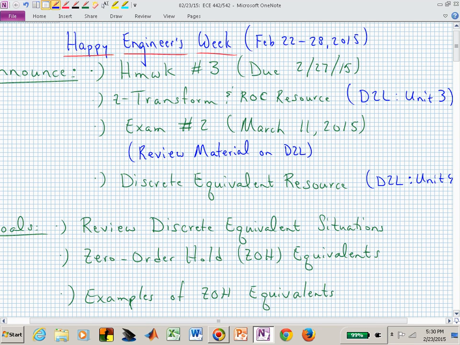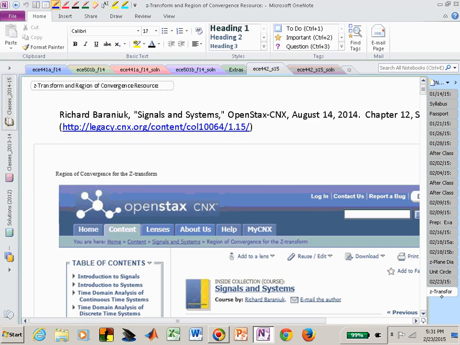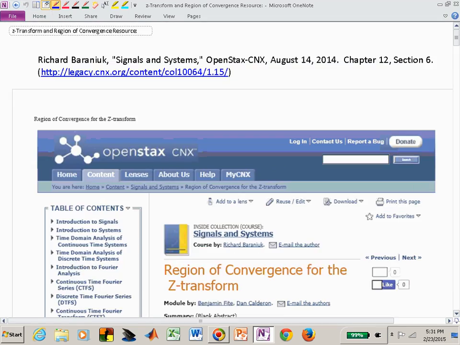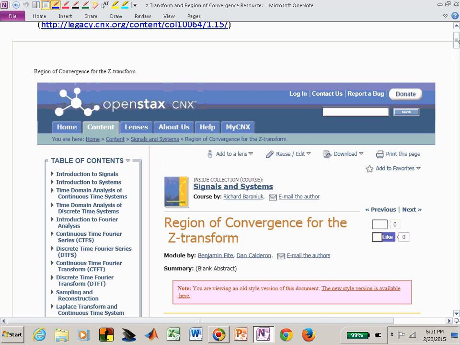During that week, you will be able to work homework number 3, which is due at the end of the week on Friday. And there are Z-transform and region of convergence resources now that I found a book that's online. Actually, it might look something like this when you go to the link, and you can access the entire book if you want.